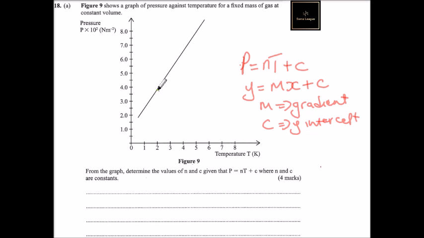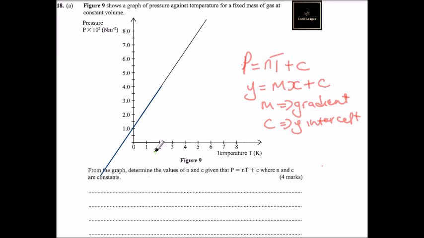So we have C. If we extend this graph downwards, we will be able to see where the graph cuts the pressure or the y-axis, and that will give us the value of C. Then to find the value of N, N represents the gradient, so we are going to get 2 points on the straight line. So let's extend this graph and see where it cuts the y-axis.